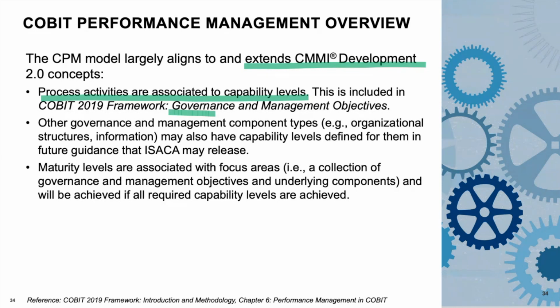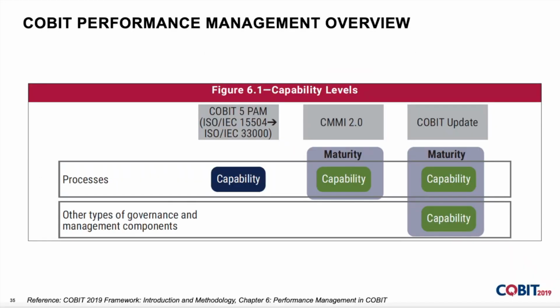Remember that process maturity was defined in the governance and management objectives publication, where you will see exactly which level will be used for which individual process. Okay? So that's the main difference between the two.